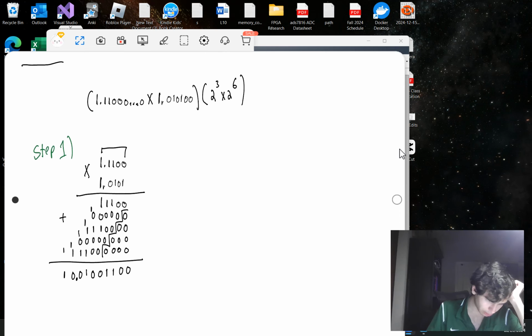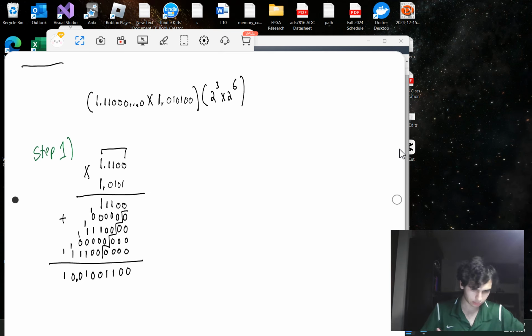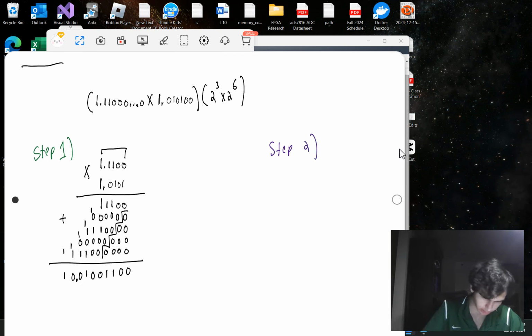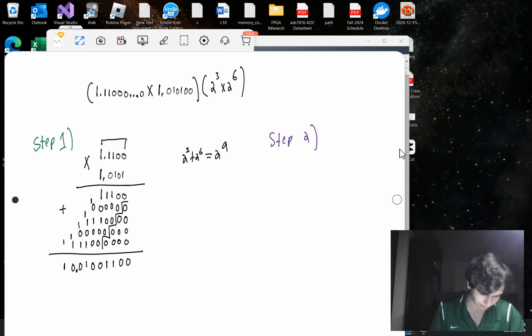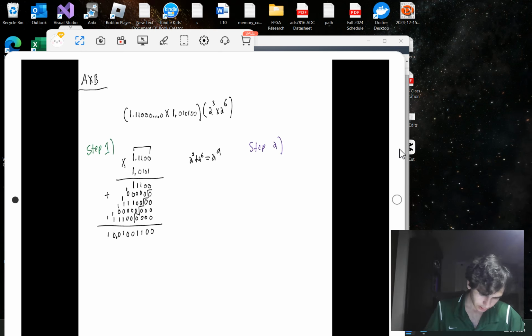So now that we've done step 1, we can do step 2. Step 2 is going to be 2 to the 3 plus 2 to the 6 is equal to 2 to the 9. So that's all you do.